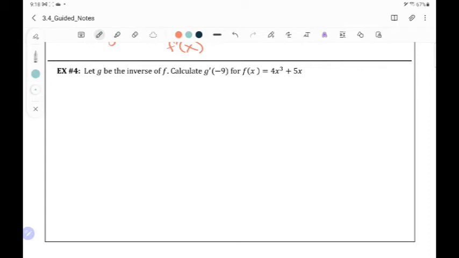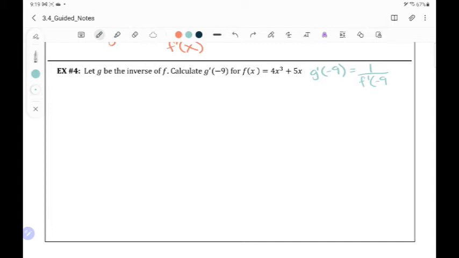So g is the inverse, right? So we know that g prime is the inverse, and we're looking for g prime of negative 9. Well, first we can make a note that g prime of negative 9 is going to be 1 over f prime of, let me recorrect that, not f prime of negative 9.